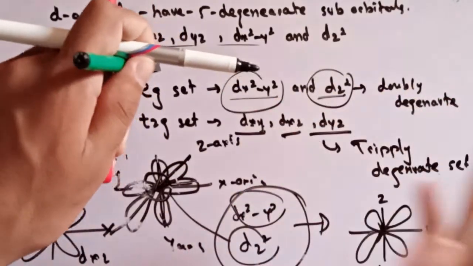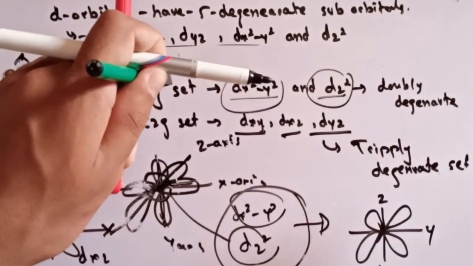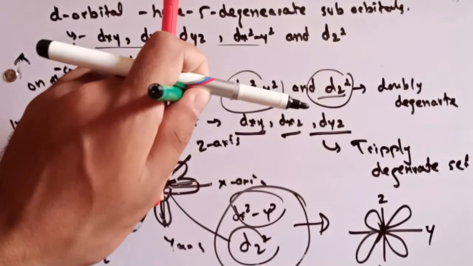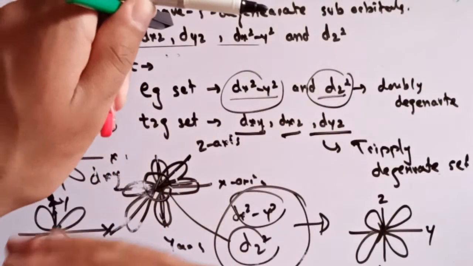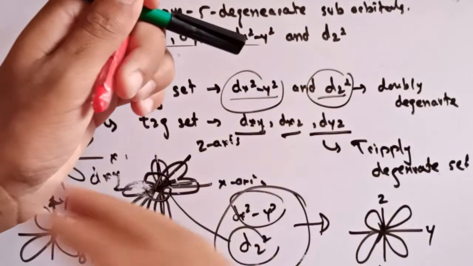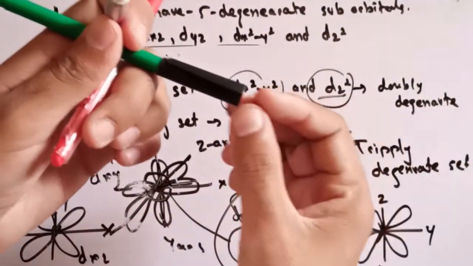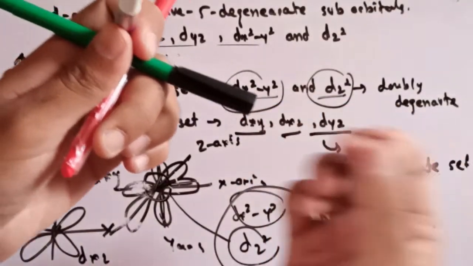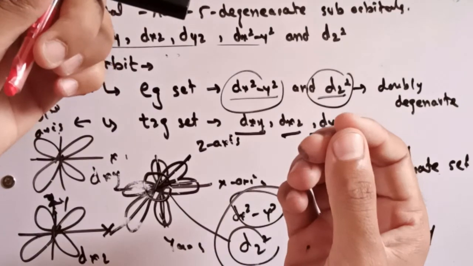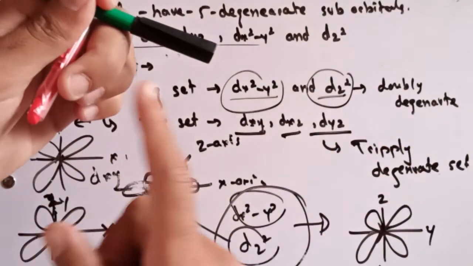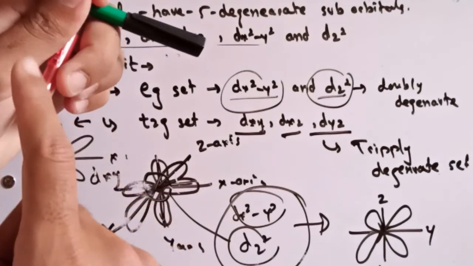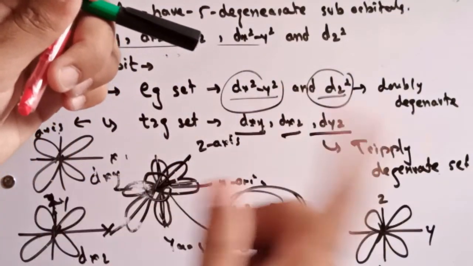When the ligands approach, one is from this direction, one from this, one from this, one from this, four ligands on the xy plane, and one from this, one from this. These all interact directly with these orbitals. I mean the eg set lies on these axes, so they will directly interact with the ligands.